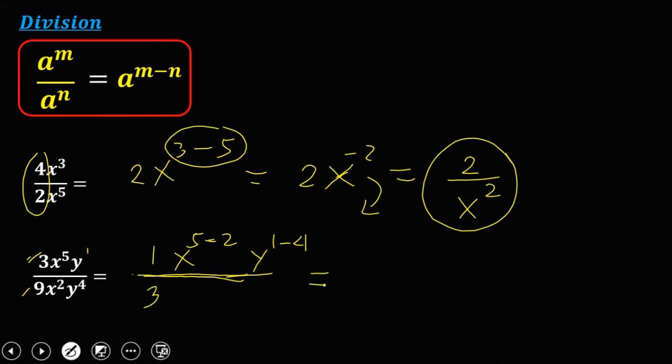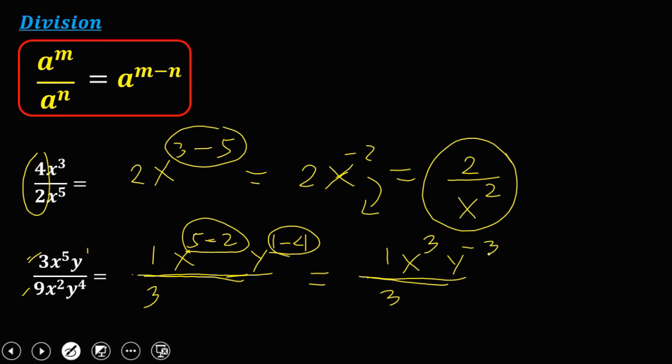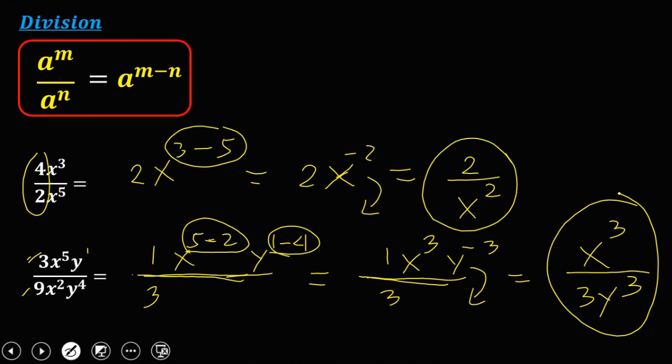Then simplify, so 1 over 3, this 5 minus 2, that's x to the power 3. This y, 1 minus 4, that's y to the power negative 3. Then bring down, so we have now x to the power 3 over 3 y to the power 3. And that's the final answer.